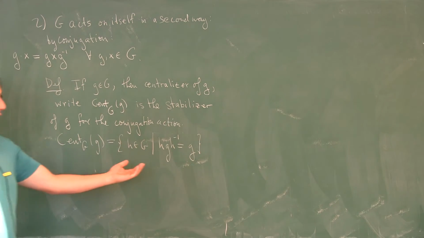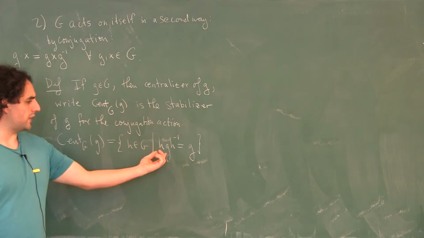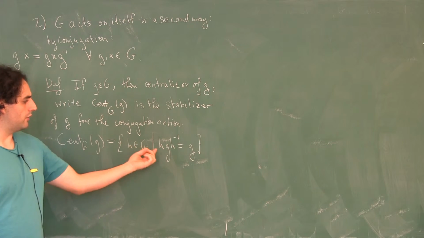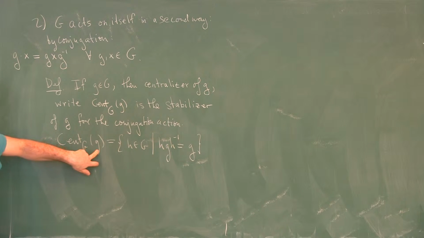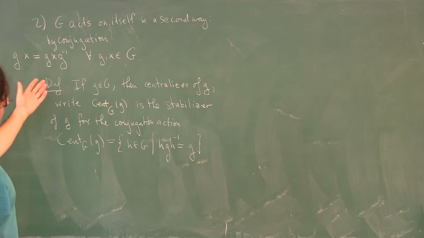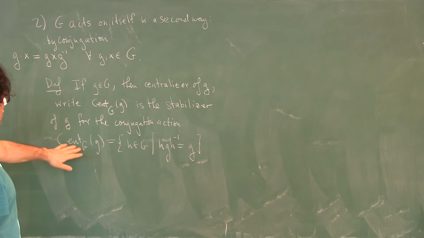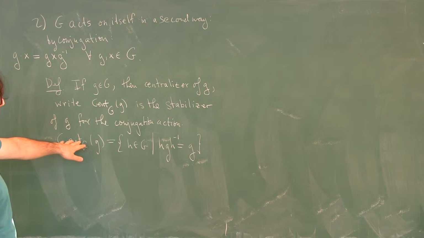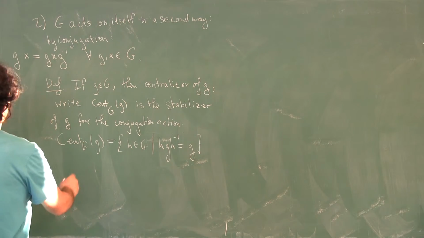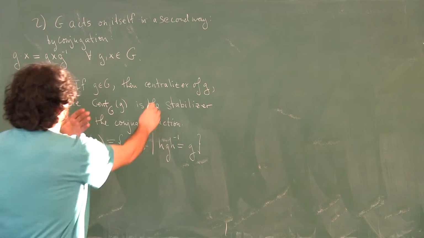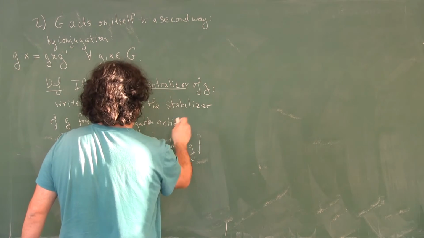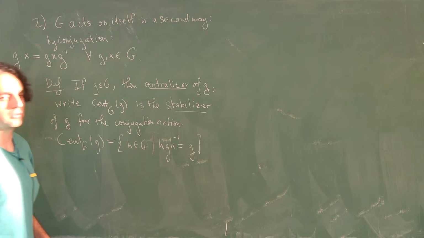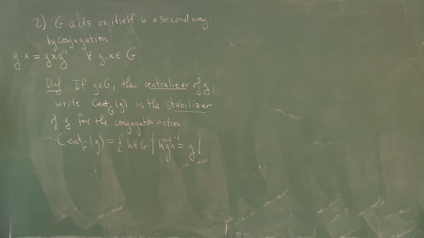So this is exactly the set of elements of G that commute with our element little g. And as with an arbitrary action, this centralizer is a subgroup of G. So centralizer corresponds to stabilizer in the case of conjugation.